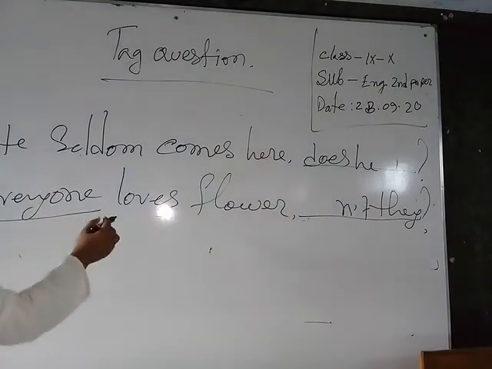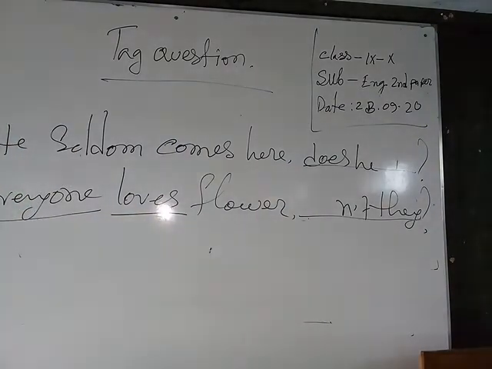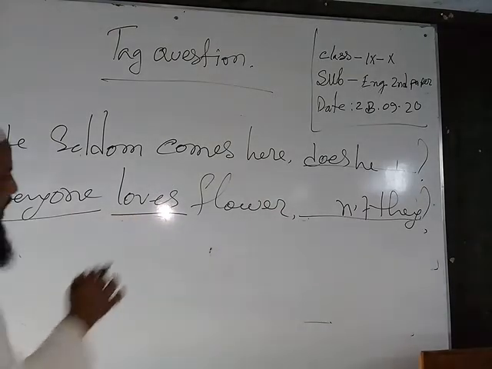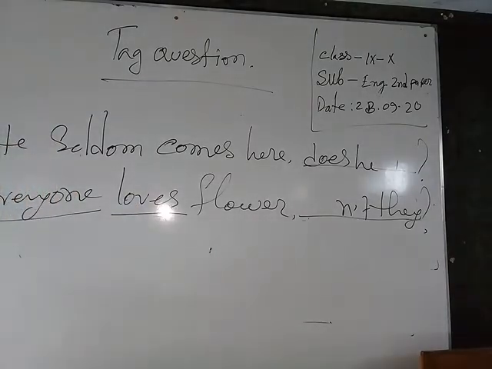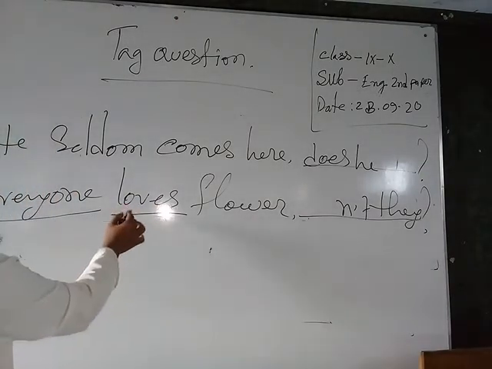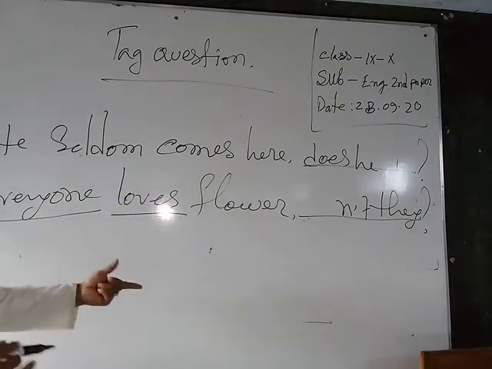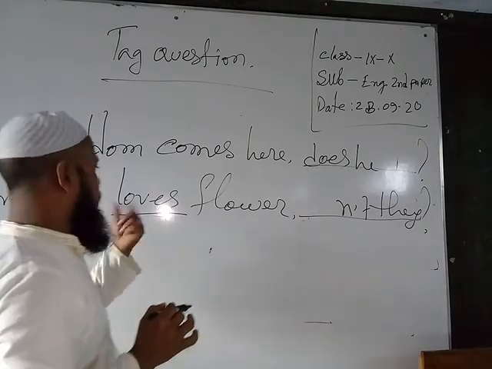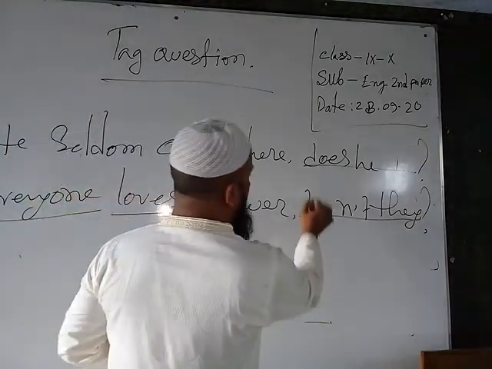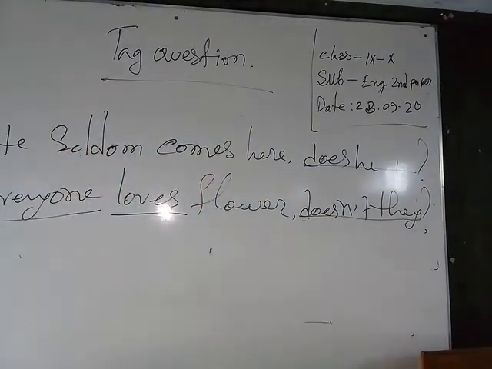There is no auxiliary verb in this sentence, so we use does, because the principal verb or main verb is love, and s or es is added here. So if the verb takes s or es, we use does. So finally the answer is doesn't they.